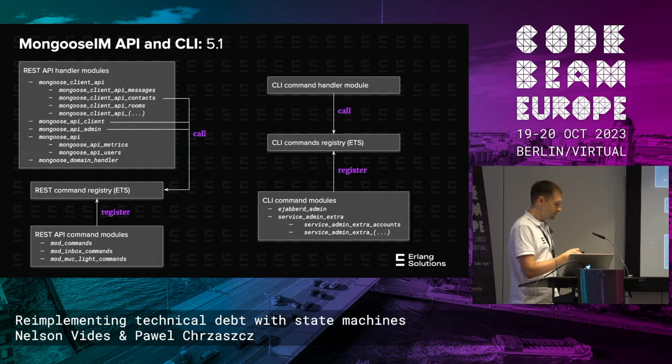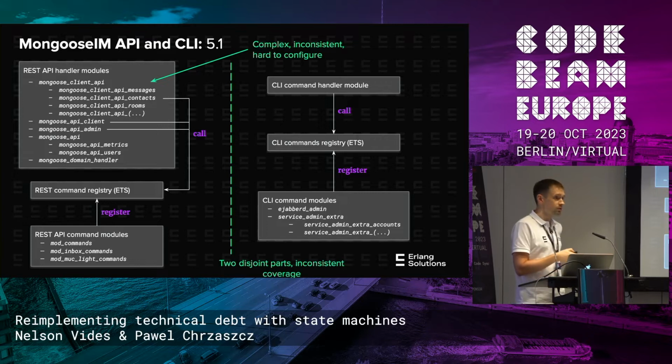And well, it gets worse because the part on the right, which is the command line interface, was completely independent from the one on the left, which was REST API. And both just called arbitrary code in the system, arbitrary low-level calls, and there was no single line of code shared here.